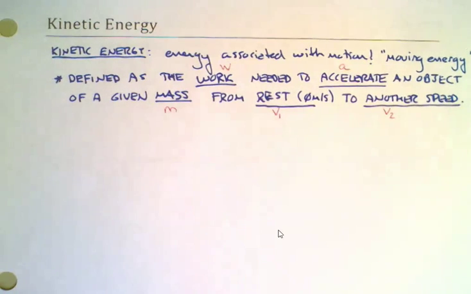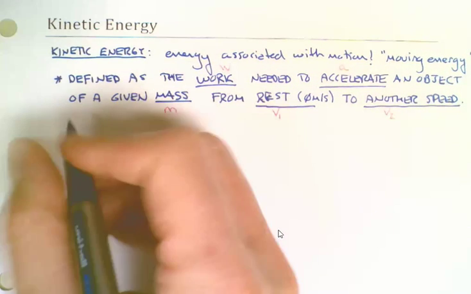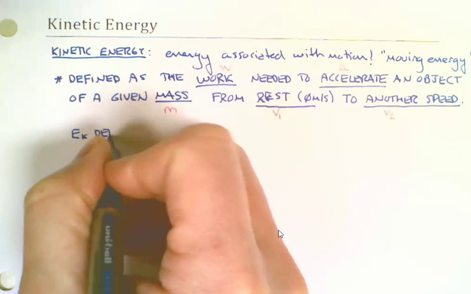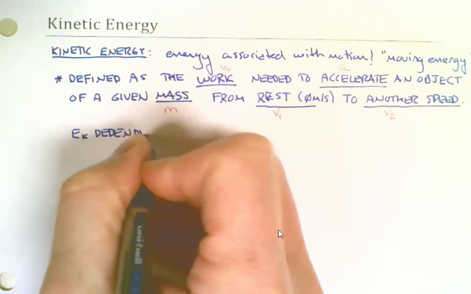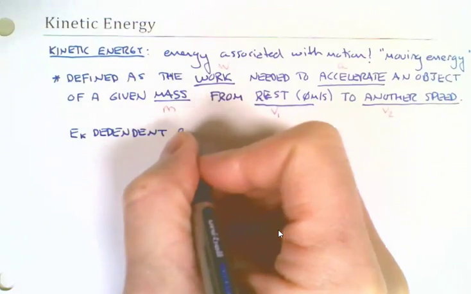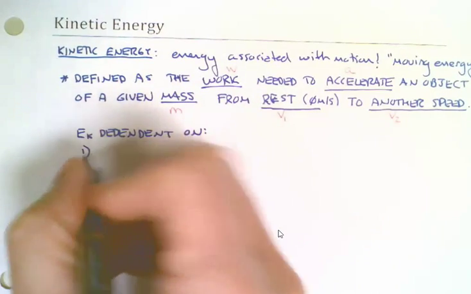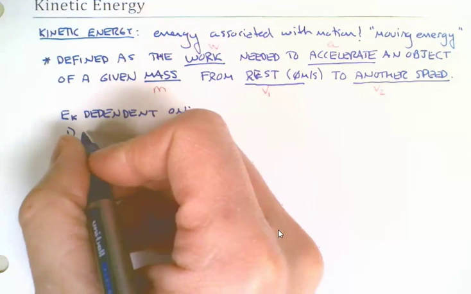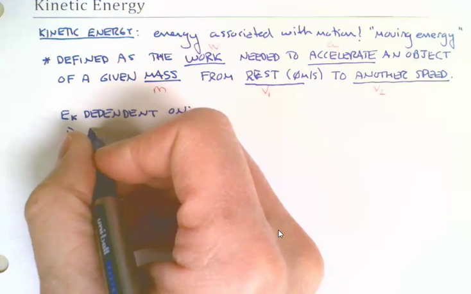All right, what is kinetic energy dependent on? Well, just thinking about it, EK is dependent on a couple factors. One such factor is the speed of the object.